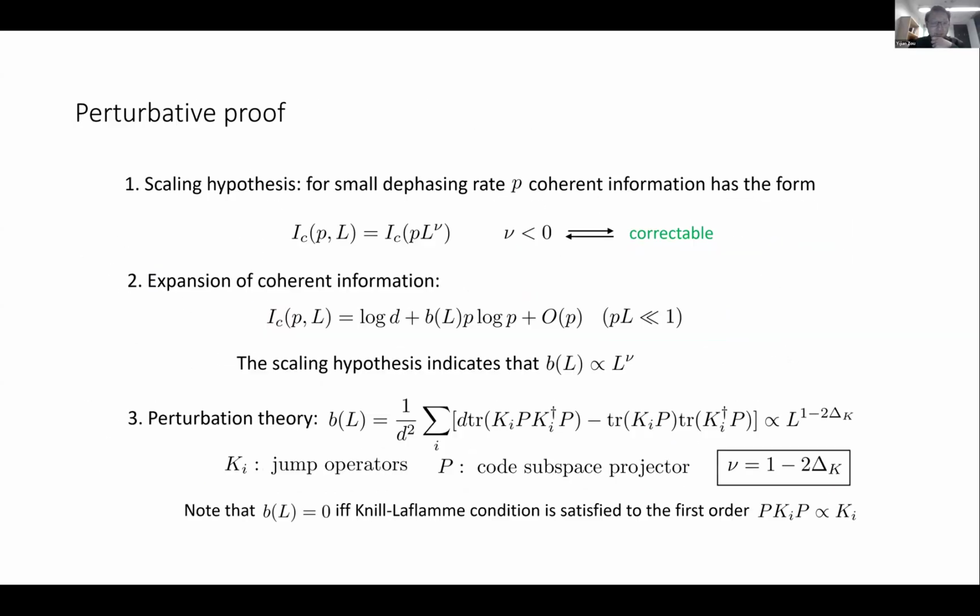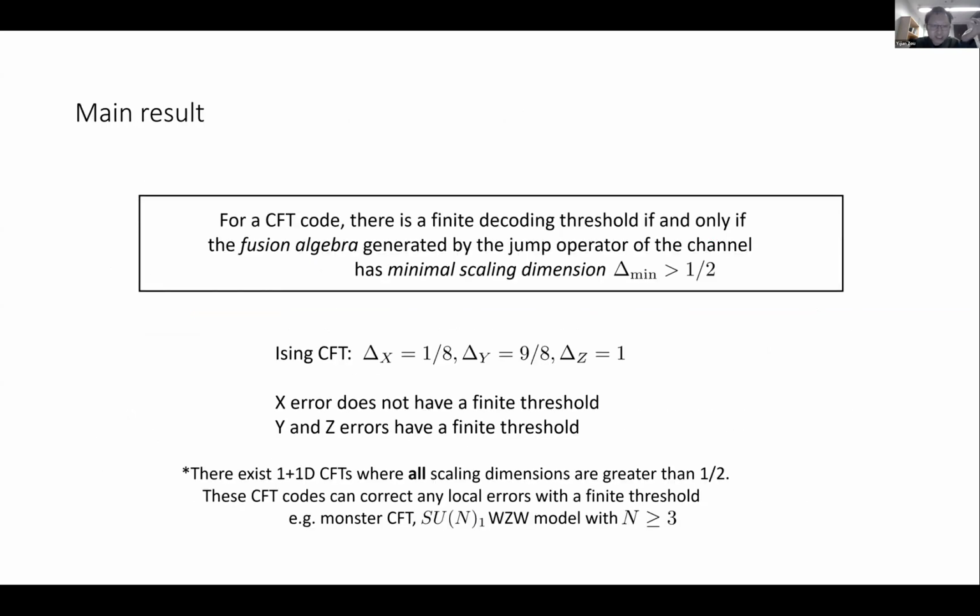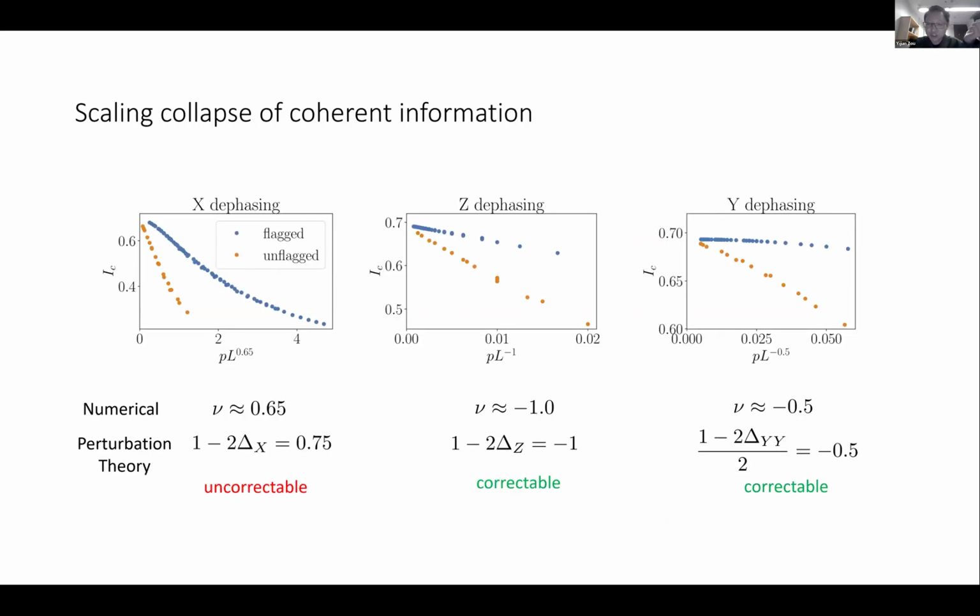Okay, so I'm going a little bit over time, so let me just mention that this main result is tested on the Ising model, and you get something called scaling collapse of coherent information. Depending on whether you get a positive or negative exponent in your scaling collapse, you get either a nonconformal error or a correctable error.